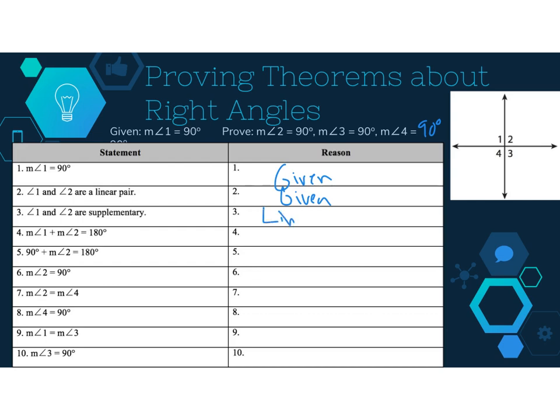That is because they are a linear pair. And then measure of angle 1 plus measure of angle 2 equals 180. That is definition of supplementary.